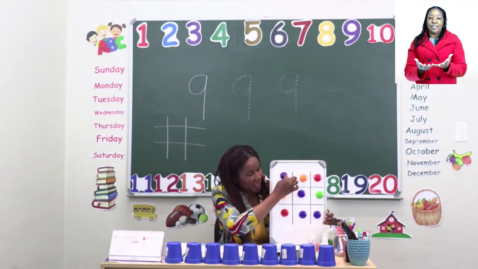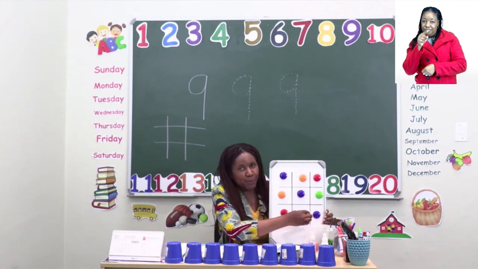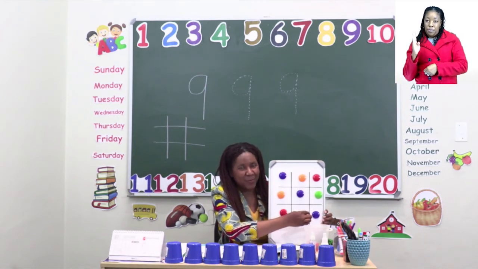Can you see what we have done? There is 3 blue blocks. So someone would have won this game.